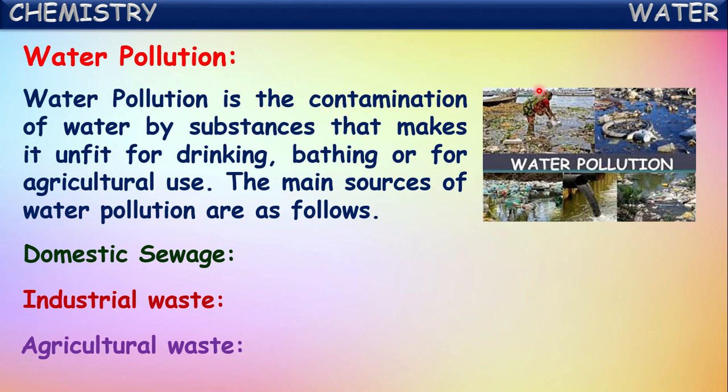Because of these wastes and sewage, water is getting polluted, becoming unfit for drinking, bathing, or for agricultural use. It is not able to be used because of this pollution.